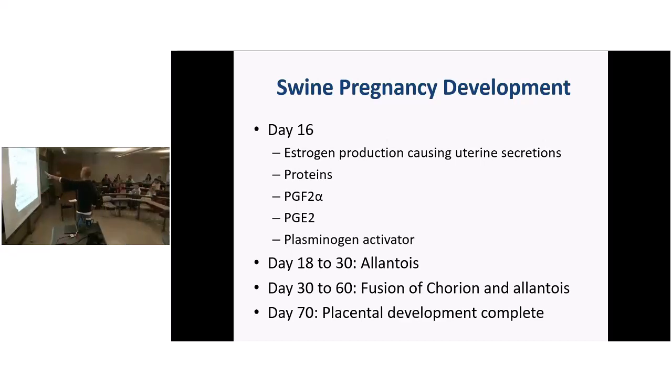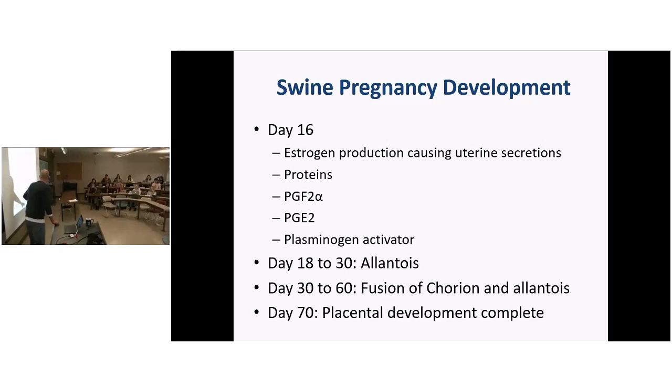In swine, they produce a certain kind of estrogen, estrogen sulfate. And that causes prostaglandin, instead of going to the circulation, to go to the lumen of the uterus. And that causes the CL, the corpus luteum, to survive. Pretty clever, but if you compare it to humans or cattle, it has nothing to do with them. All of them are different. So this is one.